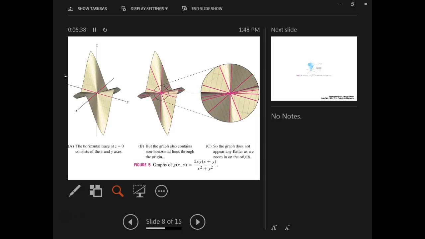Certainly the xy plane is there, but if you did a trace like that, you get that line. A trace like this, you get that line. There are other traces you can do there. So the graph does not appear any flatter as you zoom in and zoom in and zoom in on the origin. It just doesn't happen. It's falling off one way in one direction, another way in another direction.